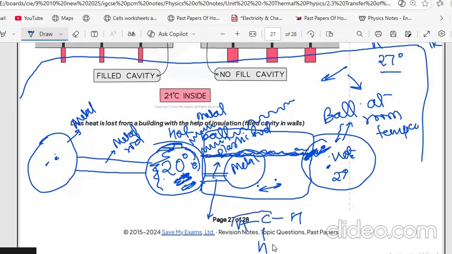The molecules will vibrate, so it doesn't mean that it won't conduct. The electrons are absent, so only the molecules are vibrating. Conduction is poor, but better than air. There's no contact in air.